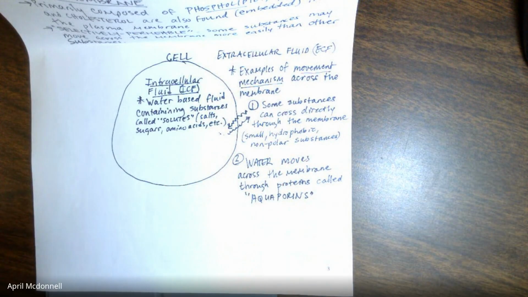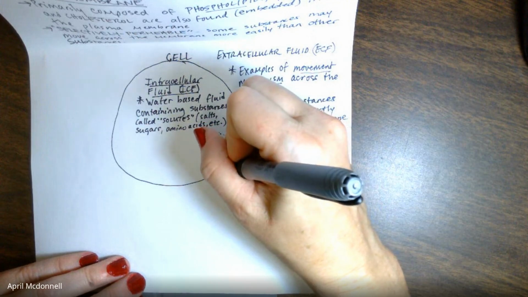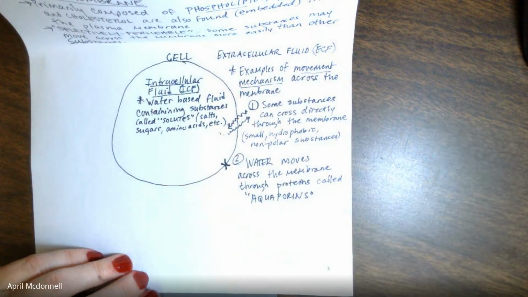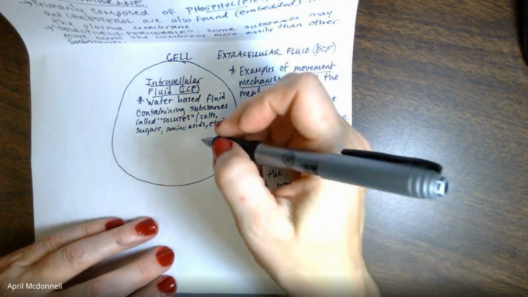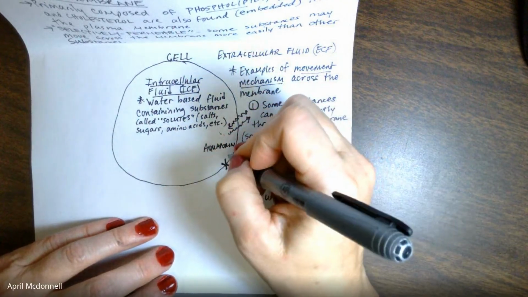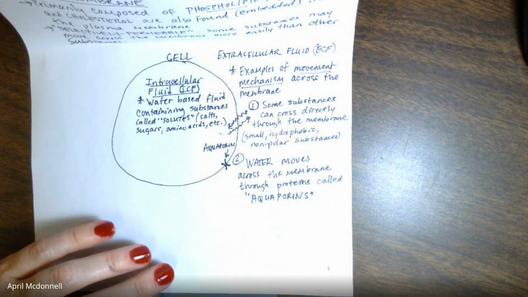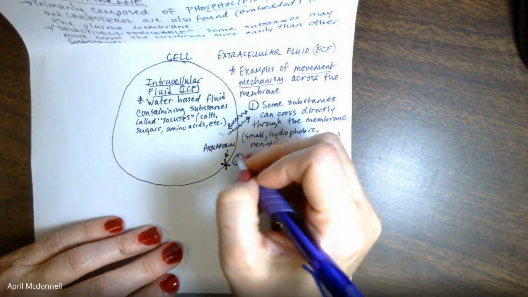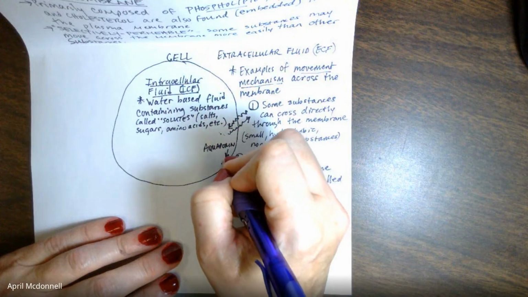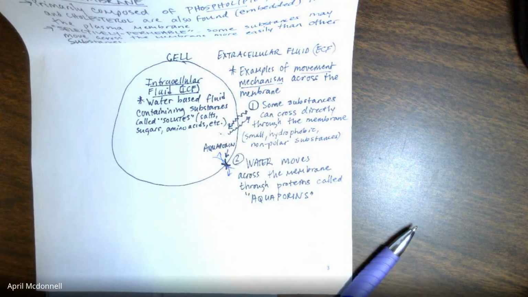Water may enter or exit the cell when it crosses through a type of protein called an aquaporin. An aquaporin is a protein that is embedded in the membrane, and water will be able to enter and exit the cell through the aquaporin. There's water entering or exiting the cell.